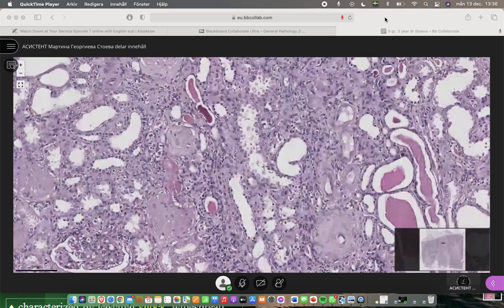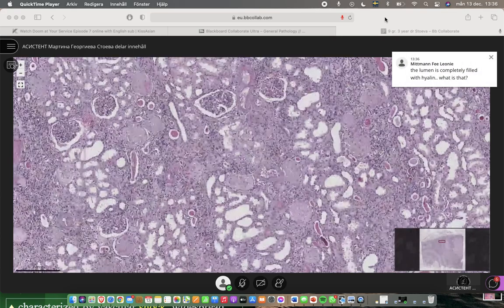So finally, based on these findings, we can make the diagnosis: hyalinization of the arterioles and glomeruli in a kidney.